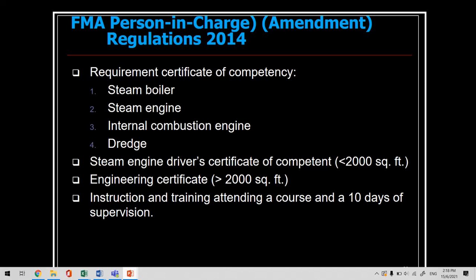And steam engine driver certificate of competent, less than 2,000 square feet, and engineering certificate more than 2,000 square feet. And instruction and training, attending a course and 18 days of supervision. So dia kena attend course dan mesti kena supervise selama 10 hari.